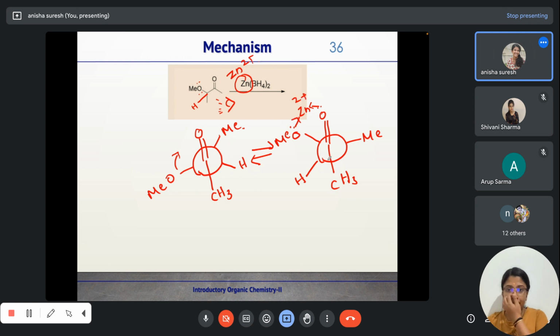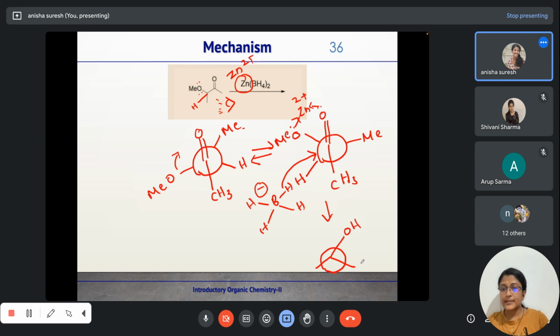Now the nucleophile will come and attack from this direction. The nucleophile is hydride from BH4 minus. So the hydride will come and attack in this direction, and it will result in the formation of OH, CH3, H, and the backside carbon will remain as it is.